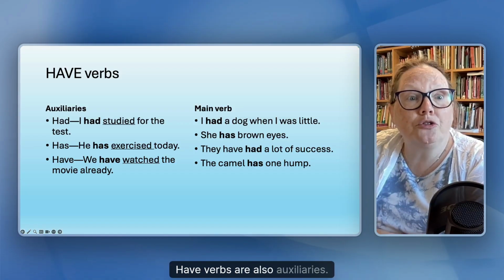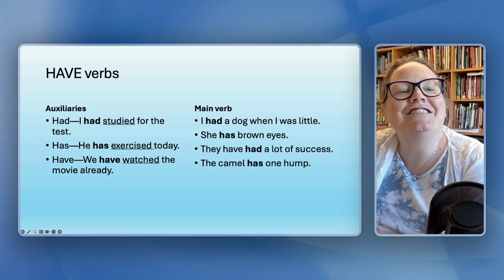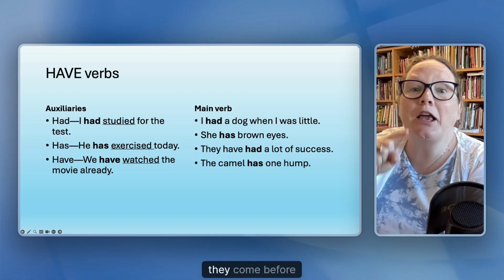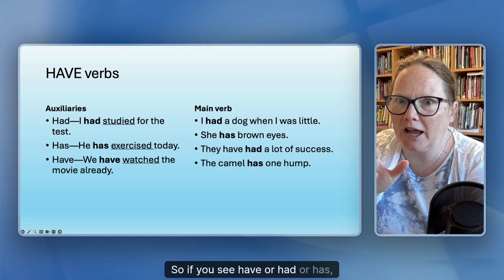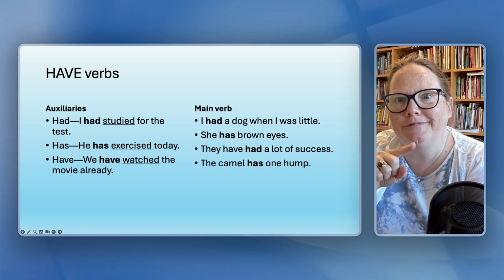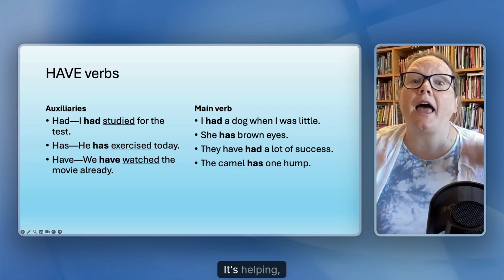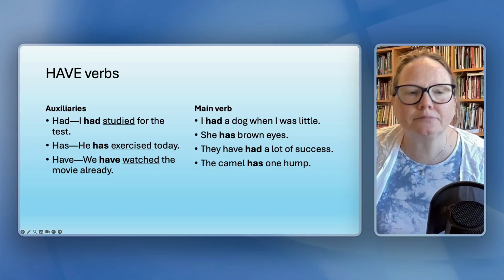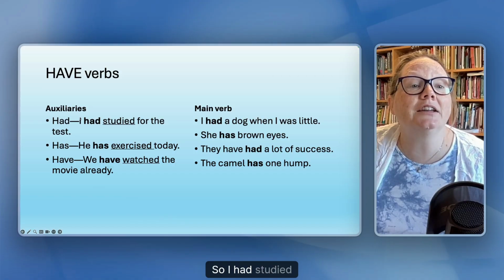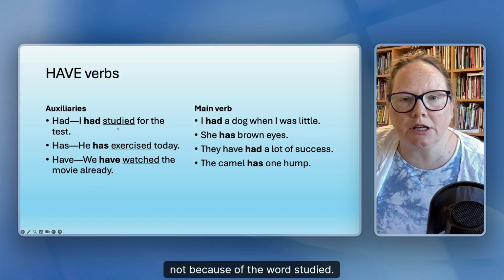Have verbs are also auxiliaries. They can also be main verbs. Again, as an auxiliary, they come before the main verb. So if you see have or had or has, and then it's followed by another verb, you know it's working as an auxiliary. It's helping, it's supporting, it's telling us about tense and aspect. So: I had studied. We know it's in the past, not because of the word studied.